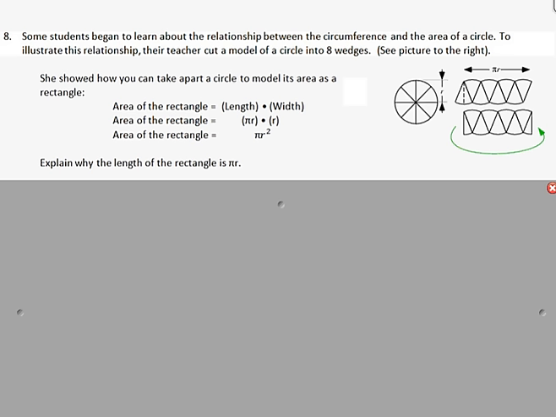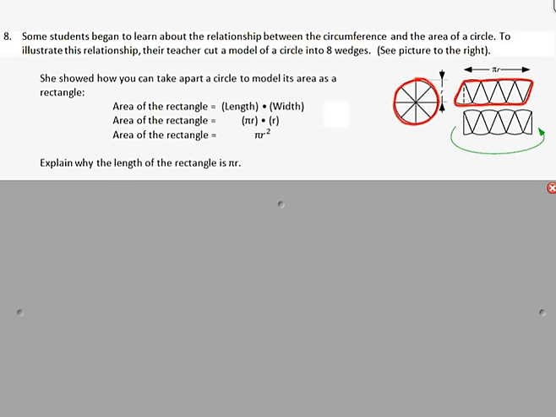Okay, number 8. This one was on your quiz, so really be sure you pay attention. We did this investigation in class. It says that to illustrate the relationship between circumference and area, we can take a circle, so this circle right here, and we can cut it apart and put it into this shape right here, which is kind of like a parallelogram.